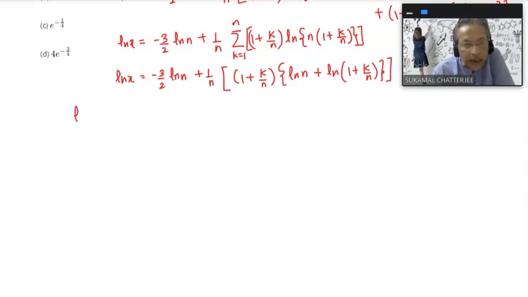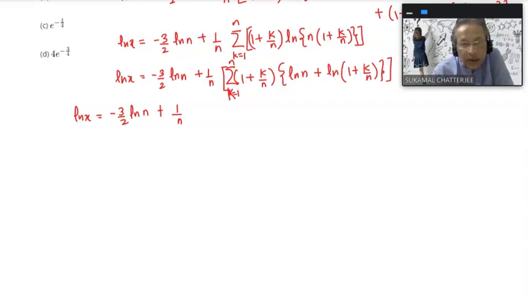So you get ln x equals minus 3 by 2 ln n plus, you multiply the first term with ln n and you have 1 by n. There is a summation that has been missed out, so there is a summation here, k equal to 1 to n.